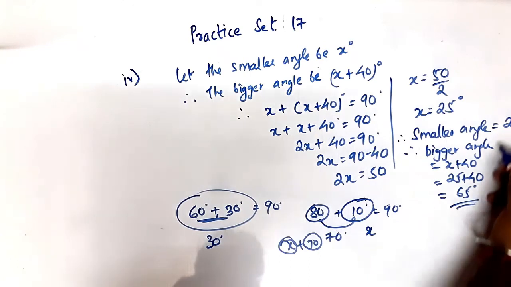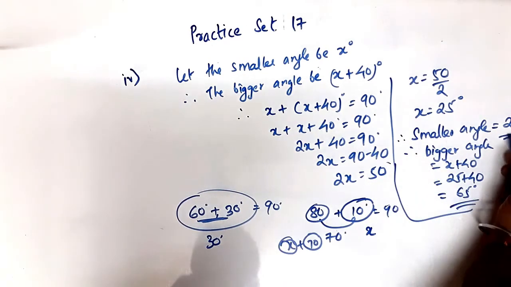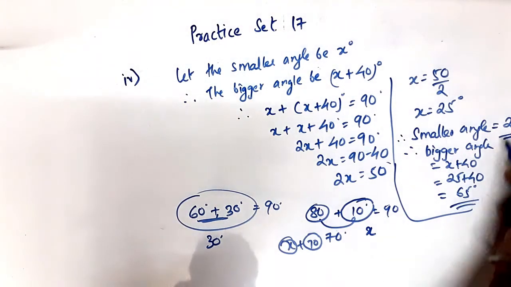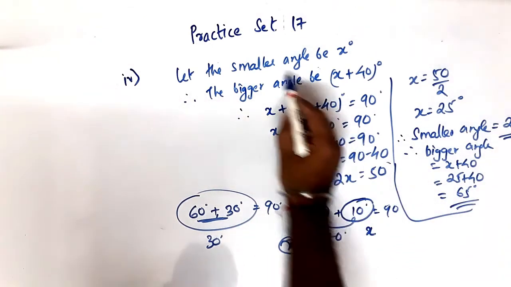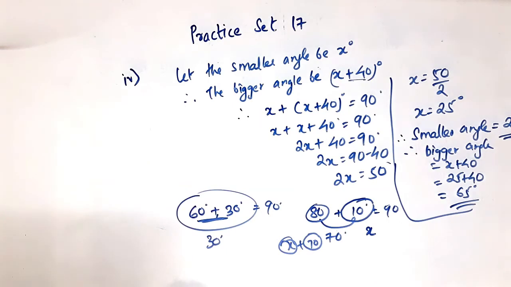It is 65 degrees. So you got the two angles. One is 25 degrees, the other is 65 degrees. You can see their total will be 90 degrees, and their difference will be 40 degrees. So with this we completed the fourth word problem. We'll move on to the fifth one.